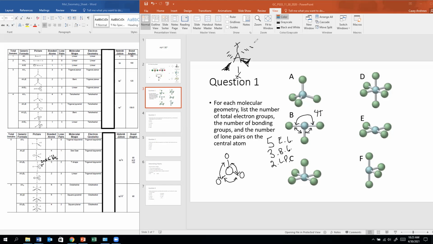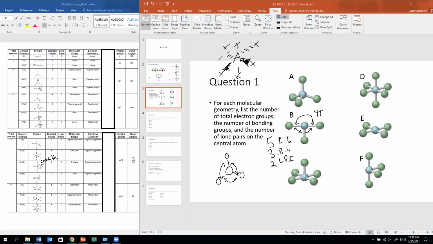So AX4 looks like this. The wedges are telling you that this atom is coming out of the page towards you. The dashes are saying those atoms are going into the page or away from you, while these lines are saying it's in the plane of the page.